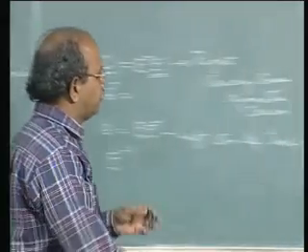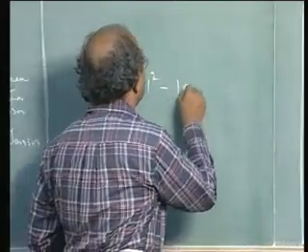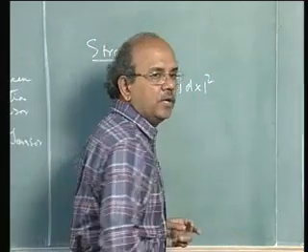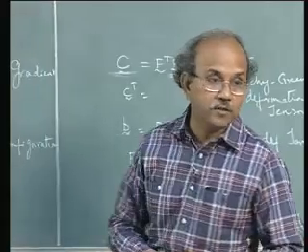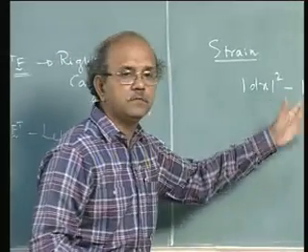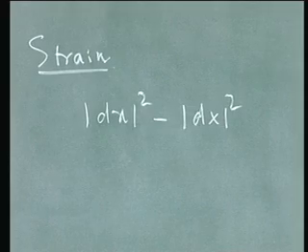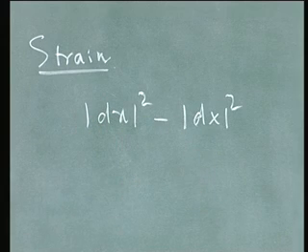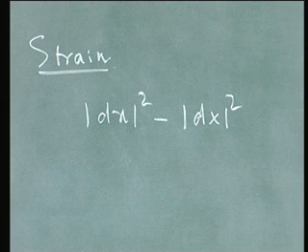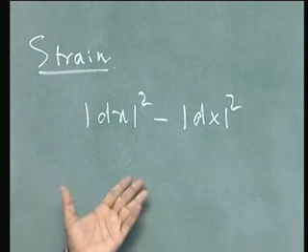So from that point of view, let us see what is dx squared minus dX squared. Of course this is the norm, or indicates the length squared, or magnitude, of dx and dX. Now how do you write this down?